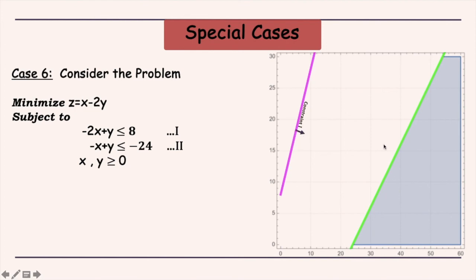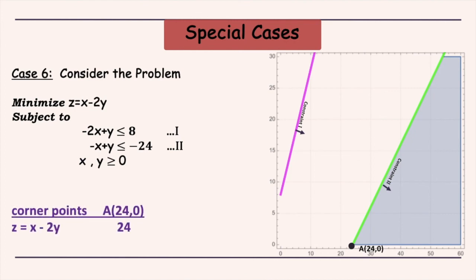Now, the second constraint has changed. The boundary line is given by this green line and the feasible region is again in the downward direction. The common portion is this blue shaded region, and for this particular feasible region, the only corner which I get is again the point with coordinates 24, 0.